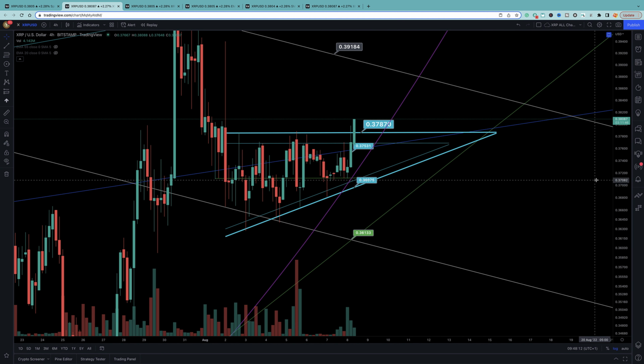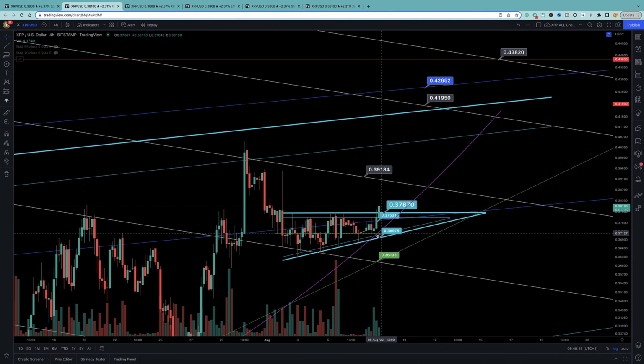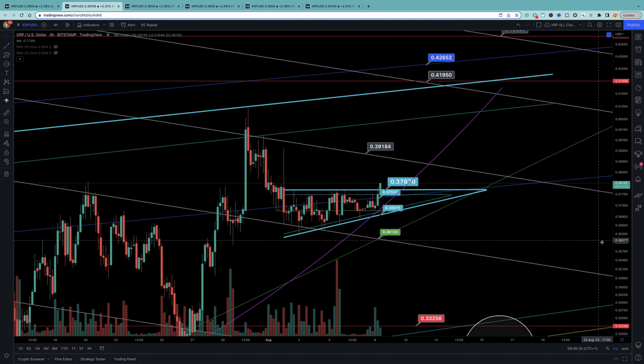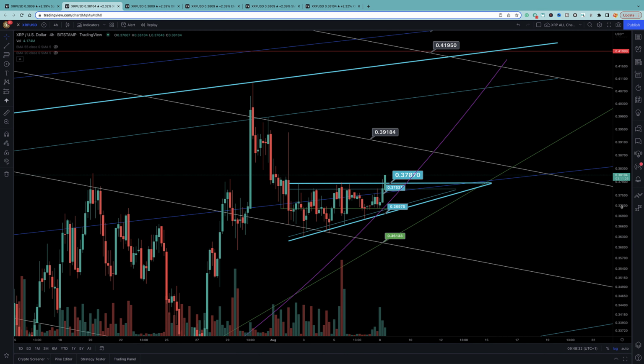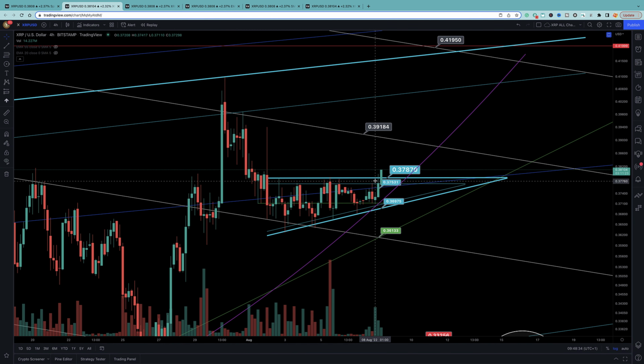So you can see these blue channels here. So the next target, if it breaks this blue channel, looks like the next blue channel around 42.6. I want to see it get above this and establish it as a support. So that's what I'm looking at right now. I want to see on the hourly.